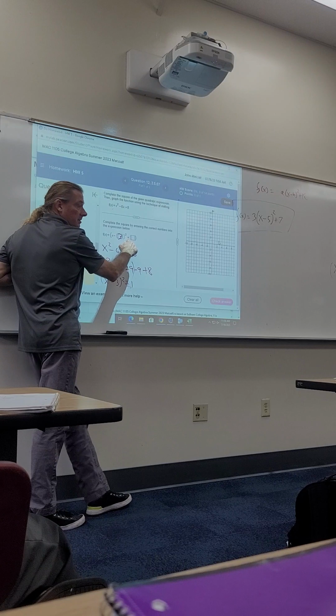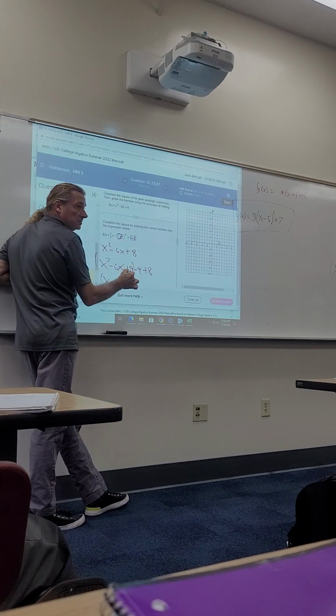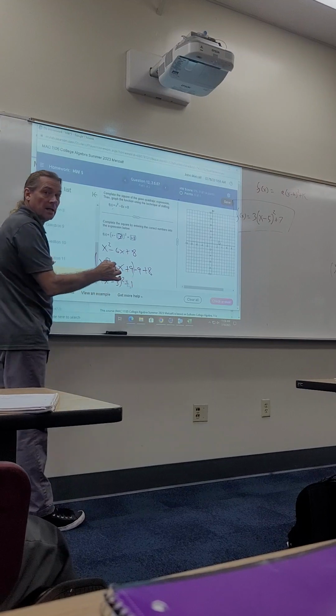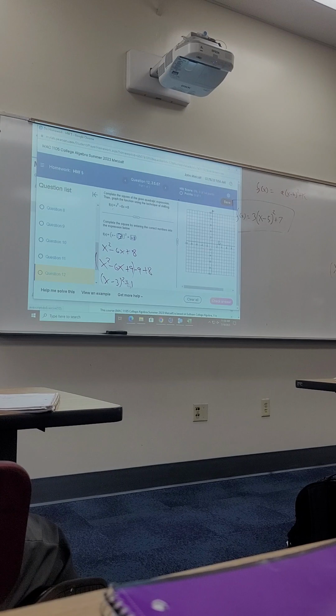Make sense? Okay. Plus minus 3 minus 1. Well, the 3 already has the negative, so 3, negative 1. And then if we wanted to graph this thing, I'm going to hit this.